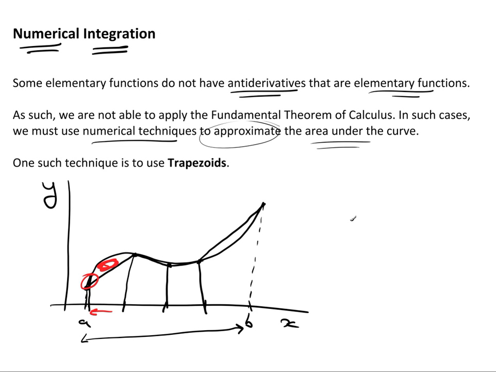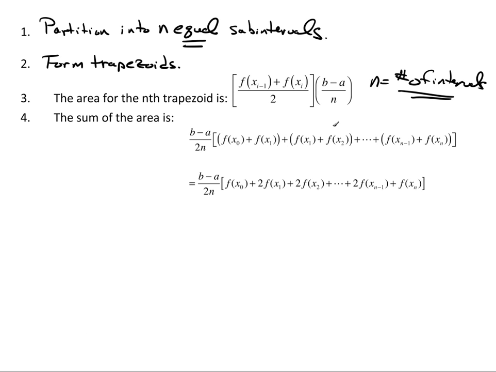Well, that simply amounts to dividing b minus a into, say, 1, 2, 3, 4 pieces. Okay, now that I've got the distance, or the base, for each trapezoid, that allows me to go ahead and calculate the area of the ith trapezoid.